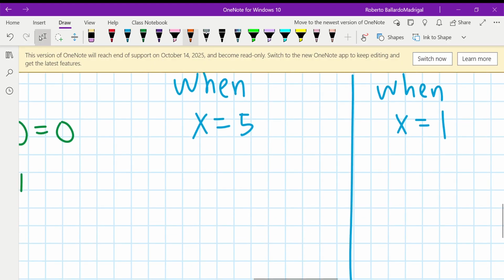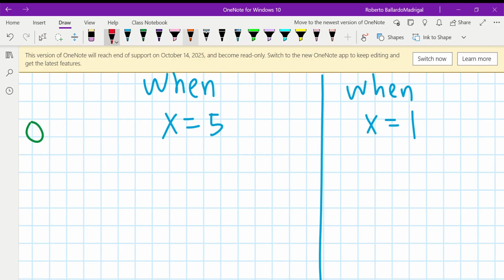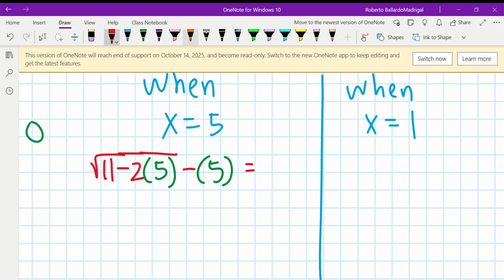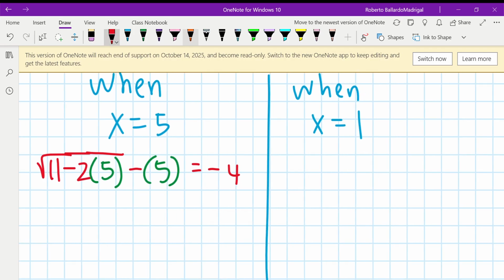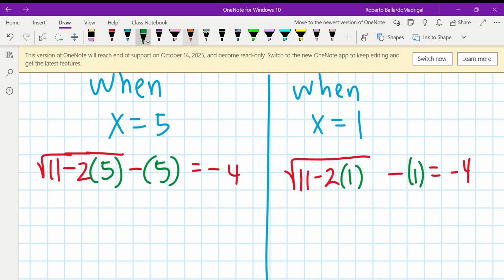Okay, so when x equals 5, we have the following: radical 11 minus 2x, minus x, equals negative 4. And then this one is 1 and 1.